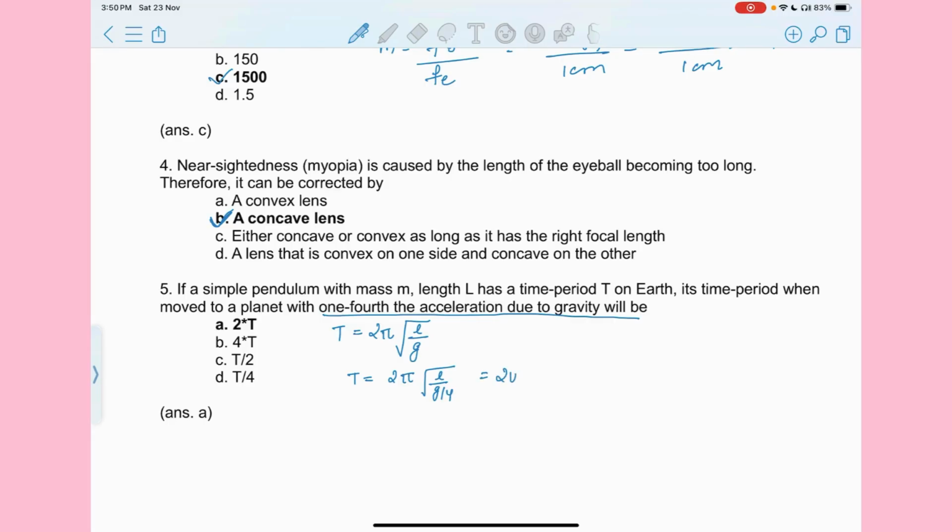That will be 2 pi under root 4L by g. This root 4 will become 2, which will become 2 into 2 pi under root L upon g. This term we know is T. That will become 2T. Option number A.